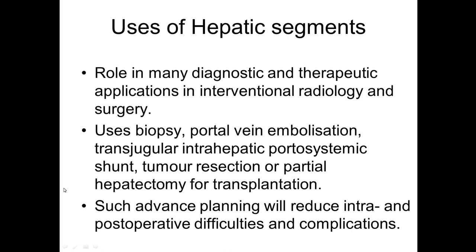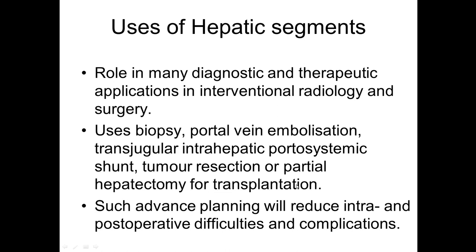That is a procedure in which a tract is created to connect two veins in the liver. Then in conditions like tumor resection or partial hepatectomy, meaning removal of part of the liver, and these are required for transplantation.